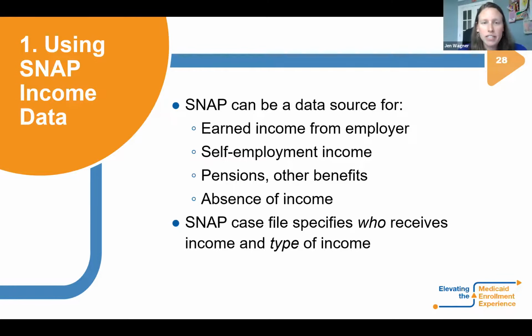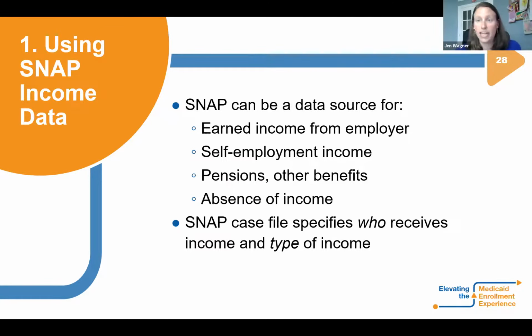An advantage of this pathway is that a SNAP case file will specify who receives the income and the type of income. People might be dissuaded because of the differences in SNAP and Medicaid household determination, as well as what is countable for income. But if the agency actually looks into the SNAP case, they can say, okay, these are the Medicaid household members that I want to verify income for, and only pull income attributed to those members.